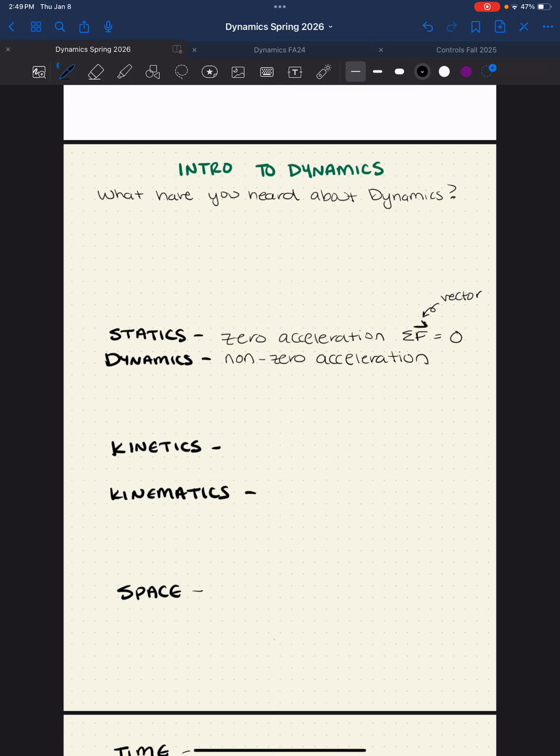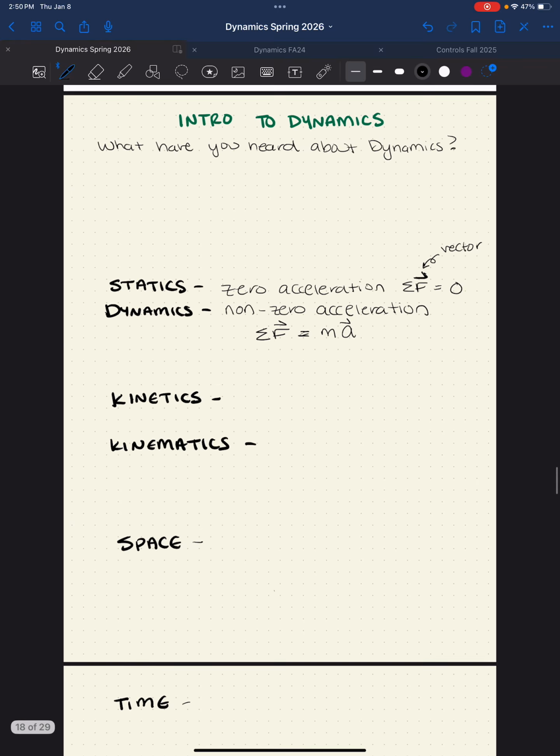And when there is non-zero acceleration, then Newton's second law becomes the sum of forces is equal to mass times acceleration. And notice here that both forces and accelerations are vector quantities. Mass is not, mass is a scalar, but force and acceleration are.